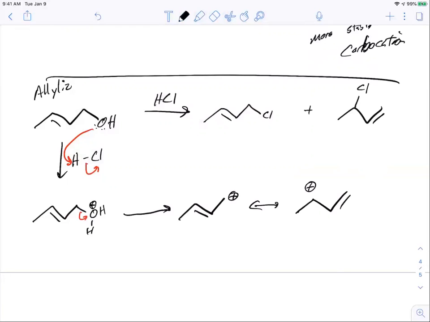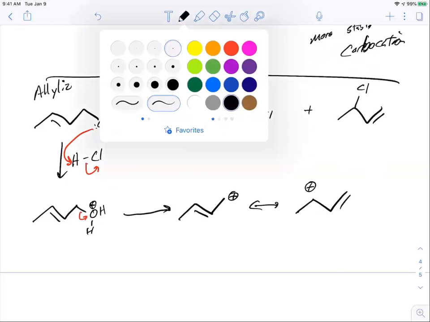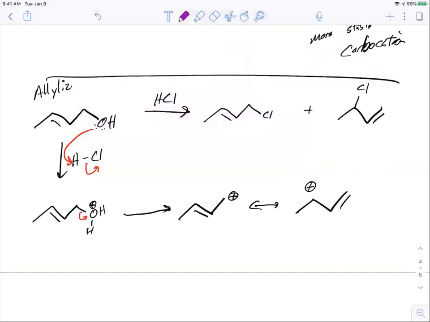So this isn't really a rearrangement as far as carbon skeleton, but it does give you a different product, because I have two resonance structures. If we're looking at these two, this is a primary allylic. The fact that it's allylic is a reason that this is plausible. Here we have a secondary, and which of those two is going to be more stable? The secondary position is going to be more stable.